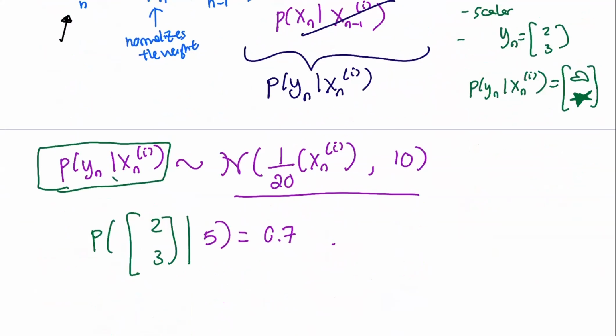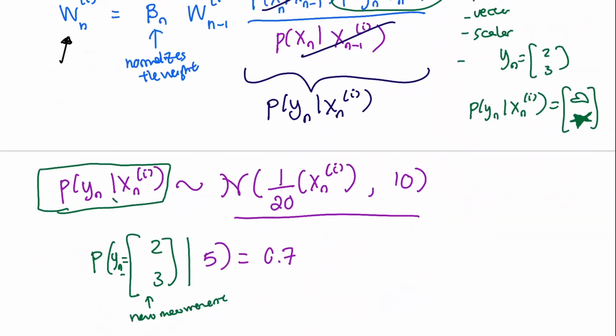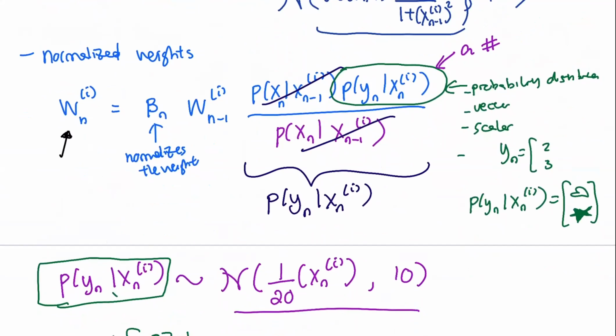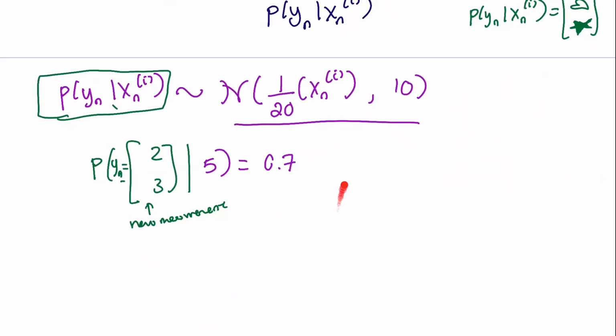So the probability of yn, my new measurement, given what I just generated from the previous step, gives me the likelihood, which is a number. Once you have the normalized weights, you do the resampling, and then you keep going forward in time.